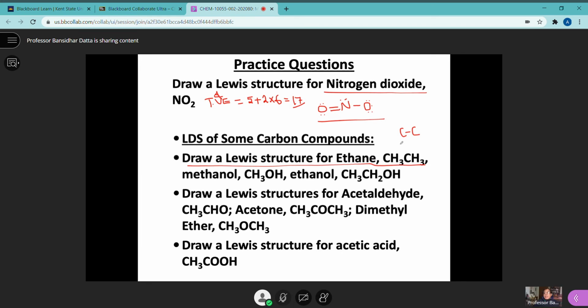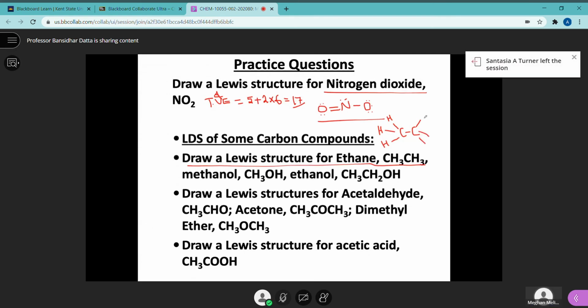And then you have 3 hydrogens, right? 1 hydrogen here, bond, 1 hydrogen here. And then it would be the same on the other side, correct? Yeah, absolutely. 1, 2, and 3. And then also, I'm just confused on the dots part. That's all. No, this is it. That's it.